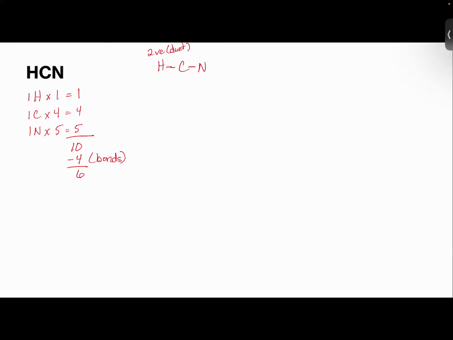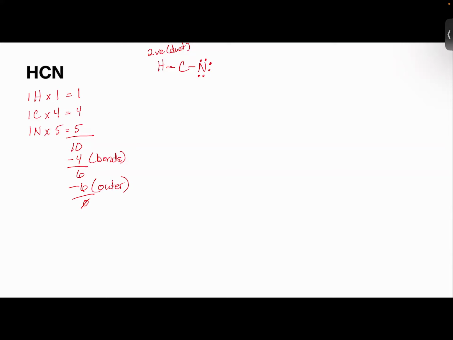So nitrogen currently has 2 electrons in the bond. In order for nitrogen to have an octet, it needs 6 more electrons. So minus 6 equals 0. When you hit 0, all you can do is manipulate what's there. So we ask ourselves, does everybody have an octet? Our hydrogen has a duet.